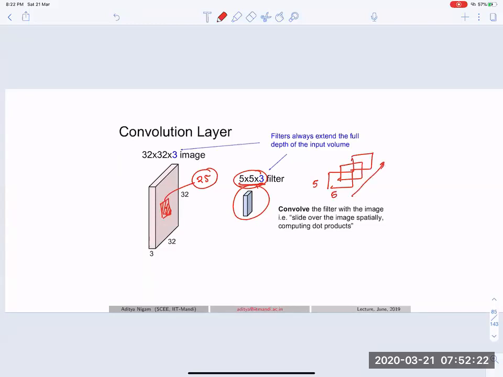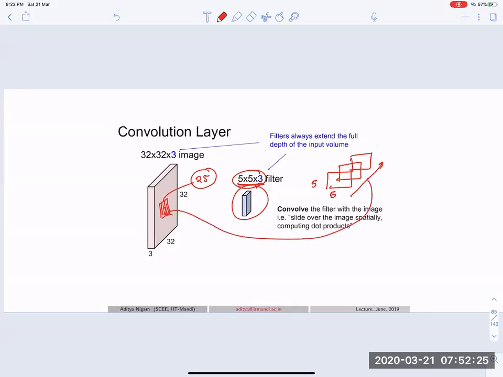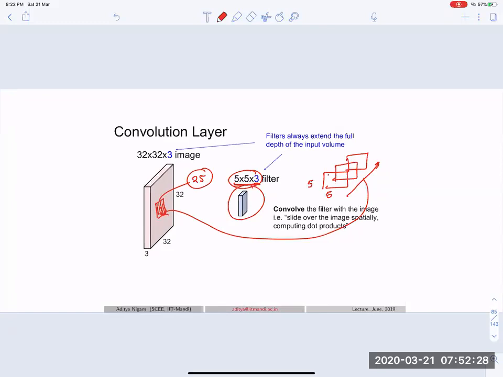When I take this filter and place it over here, its first face is for R, the second face may be for G, and the third face is for B. So this is going to have 5 by 5 by 3, that's 75 things, out of which 25 are for R, 25 are for G, and 25 are for B. I take this filter, place it over here, and what you are going to do is 75 multiplications.